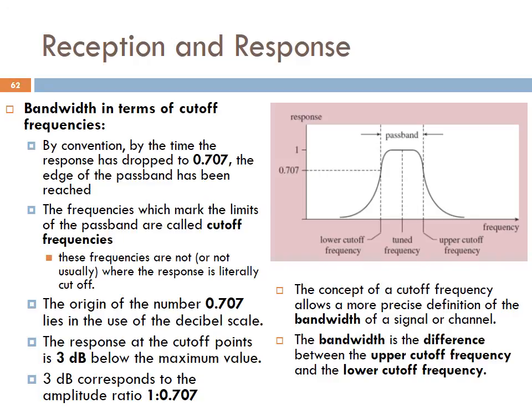The origin of the number 0.707 lies in the use of the decibel scale. The response at the cutoff points is 3 decibels below the maximum value. 3 decibels corresponds to the amplitude ratio 1 over root 2, which is 0.707.